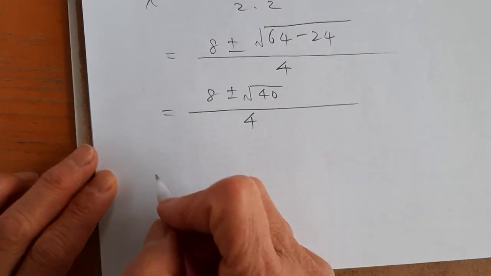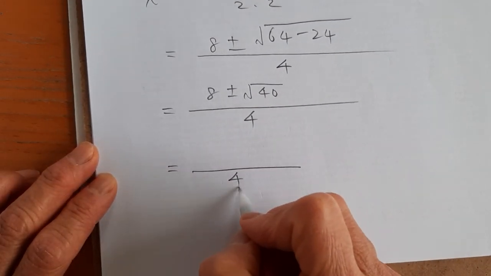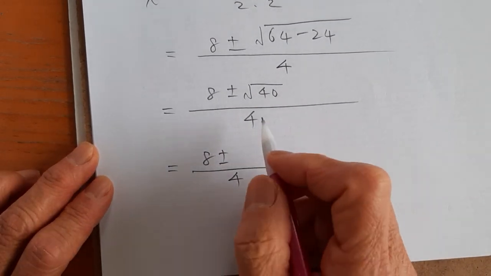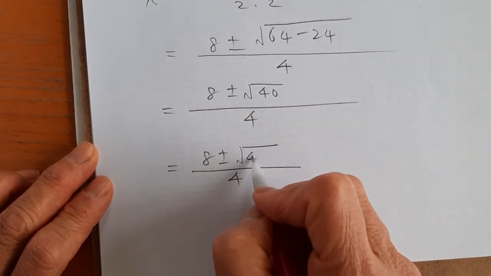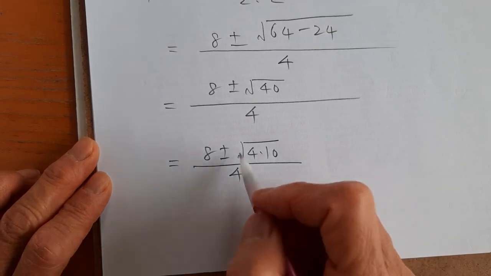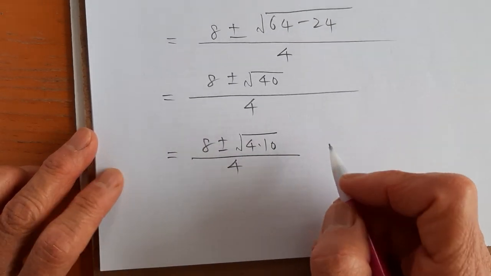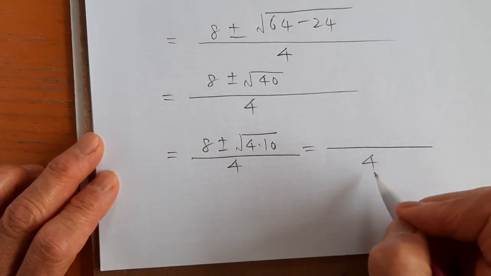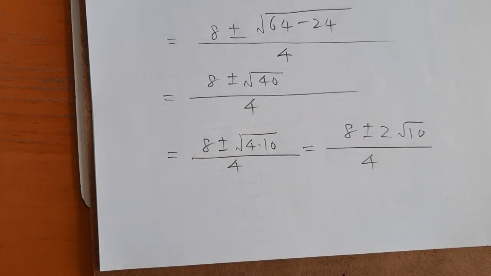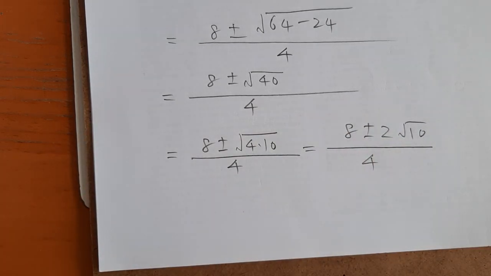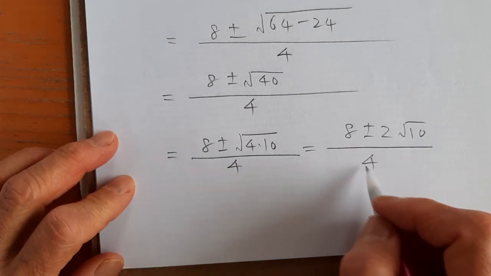And 40 is 4 times 10. So it's positive negative, and square root of 4 times 10. And 4 you can square root out. So you got 8 plus minus 2 square root of 10, then divided by 4.